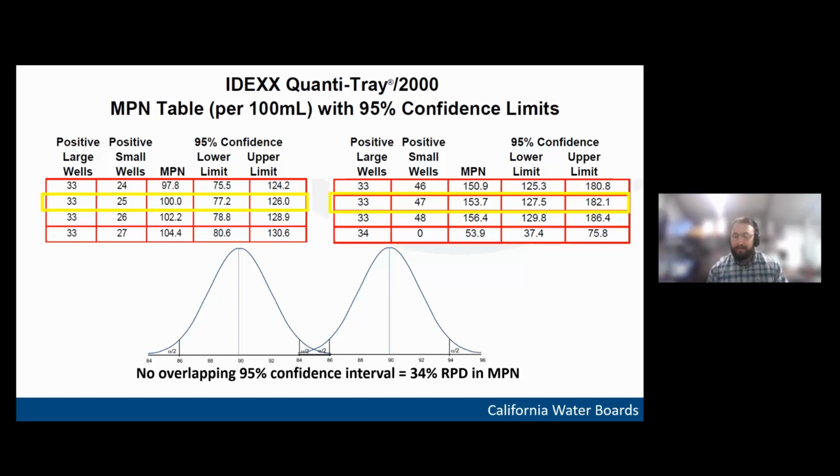When you're talking about running the same exact sample twice, granted, bacteria values are a little bit not as stringent as maybe a chemical value. So when they're separate, obviously it's not a good enough precision.